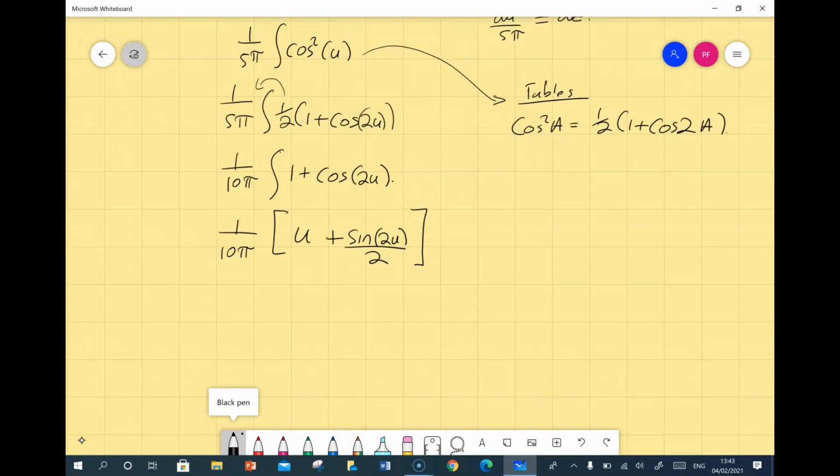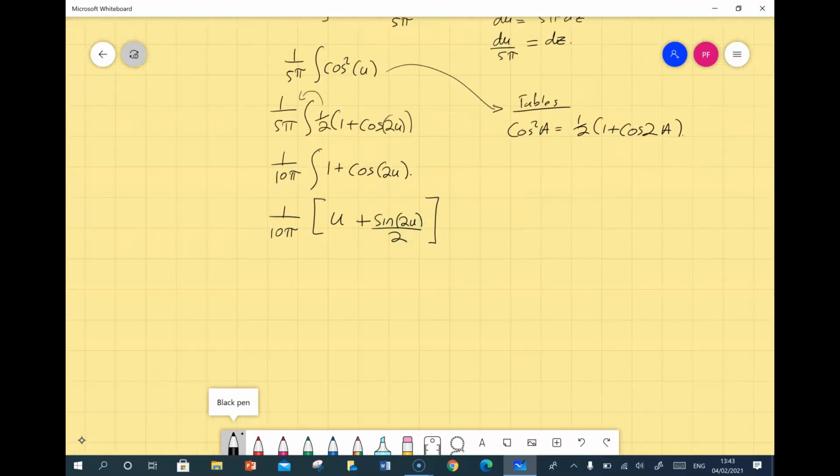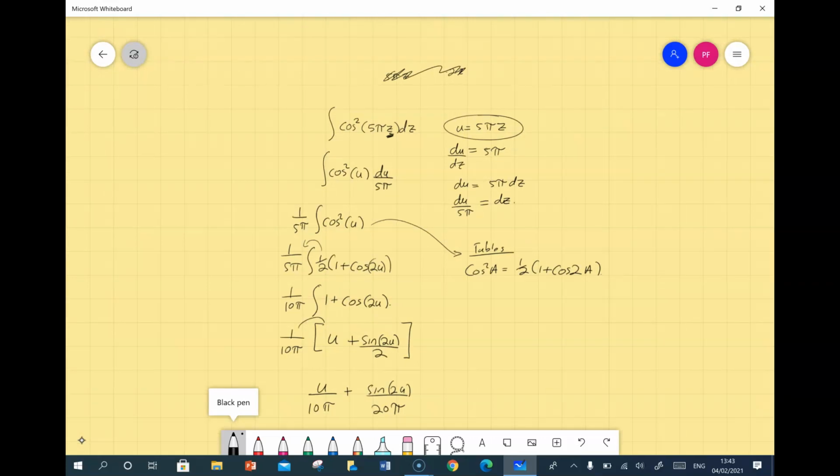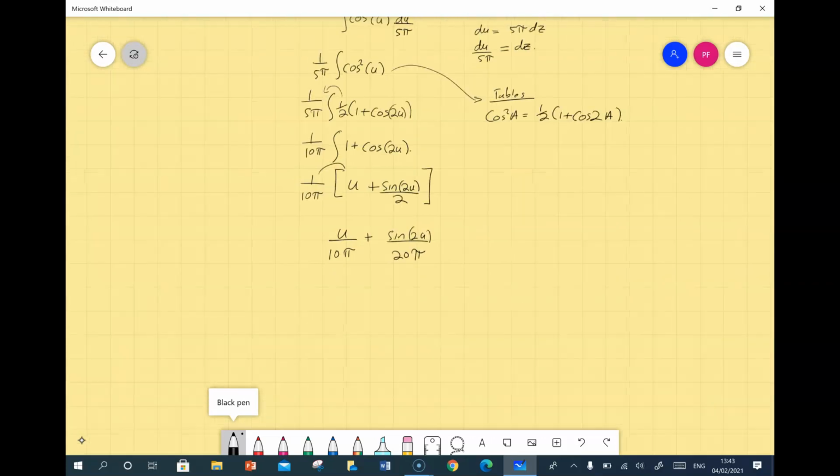Right, we'll put that together and then we'll bring back in what we know u to be. So I'll multiply in there 1 over 10 pi. So 1 over 10 pi by u gives me u over 10 pi. And 1 over 10 pi by sine 2u over 2 gives me sine 2u over 20 pi. Okay, so now it's time just to bring back in our u. We said u is 5 pi times z.